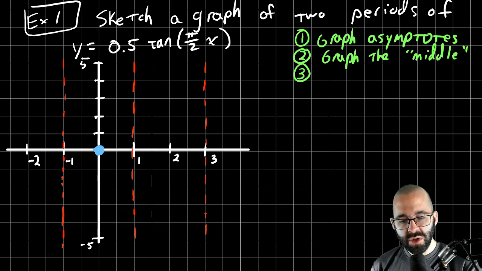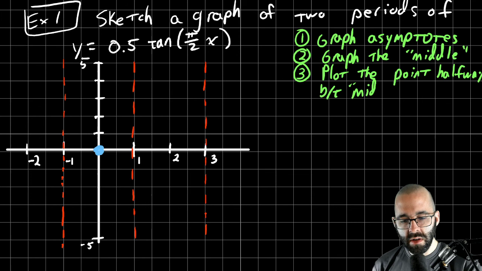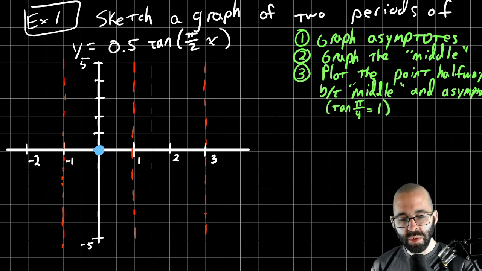And then also plot the point halfway between the middle and the asymptote. That has to do with tangent of pi over 4 equals 1.